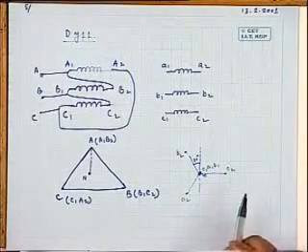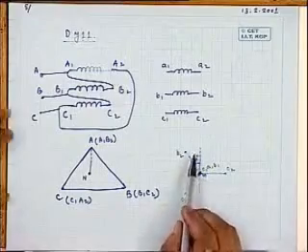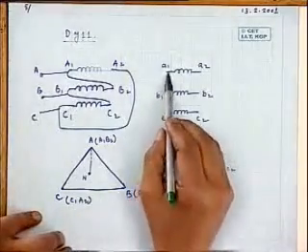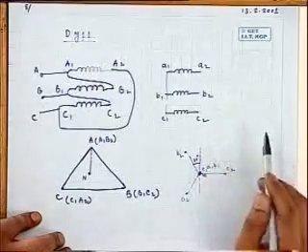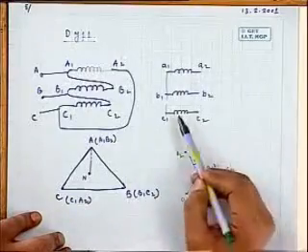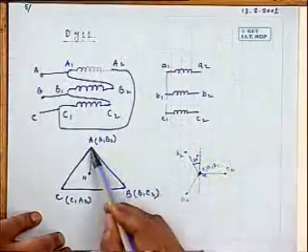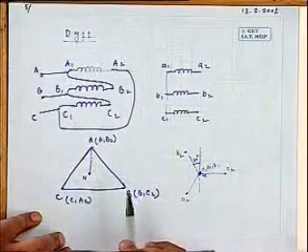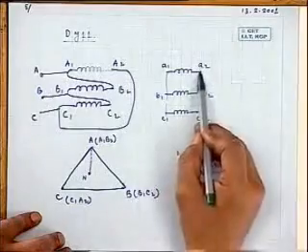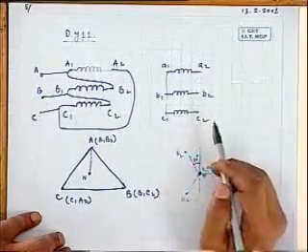But it defies somewhat the basic definition. In the sense that this suggests that you short this one and take A2, B2, C2. But the voltage of A2 with respect to neutral and the voltage of the primary phase with respect to neutral are not 30 degrees apart. Are you getting?